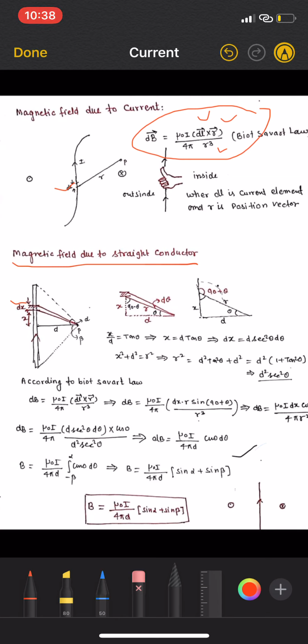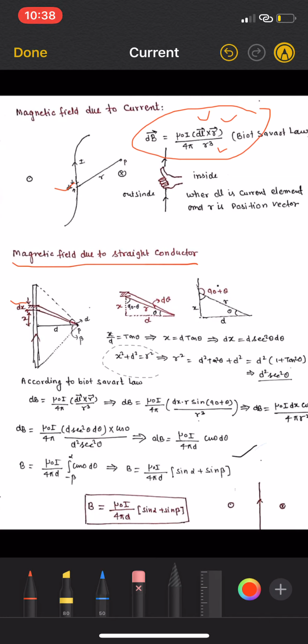Looking at this triangle, x divided by d is equal to tan theta, so x is equal to d tan theta. Differentiating with respect to theta, dx is equal to d sec square theta d theta. Now we can use the Pythagoras theorem here, because this angle is 90 degrees.